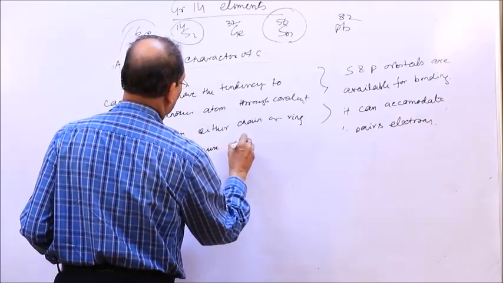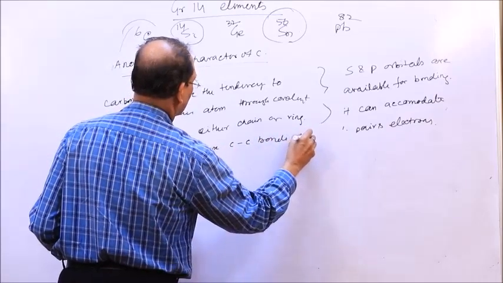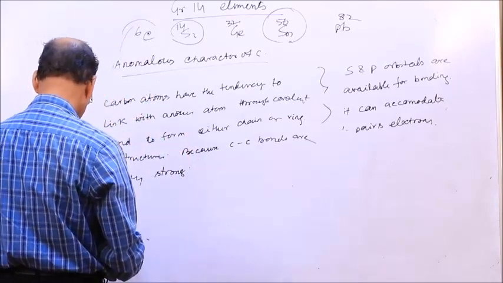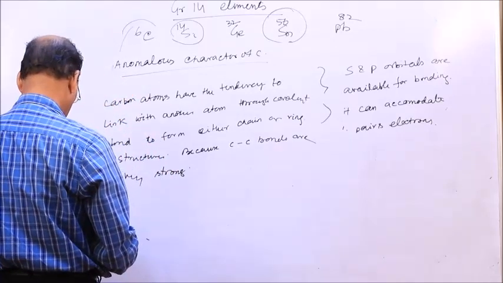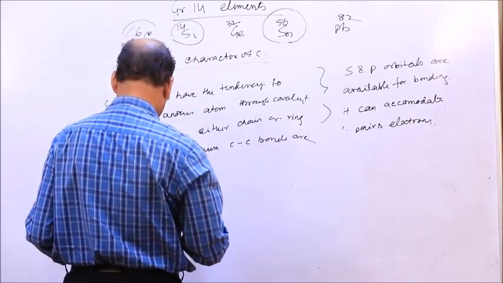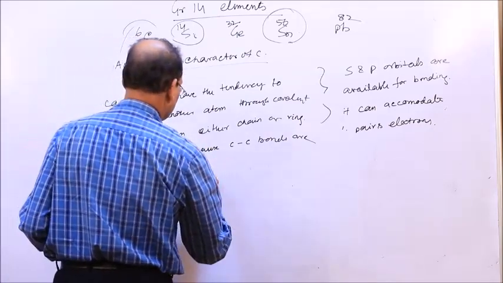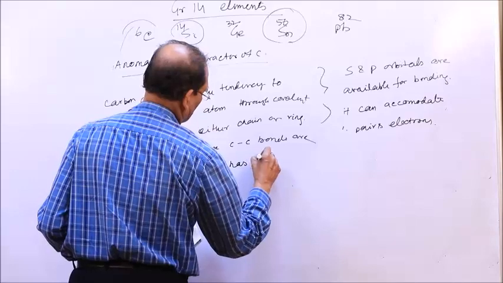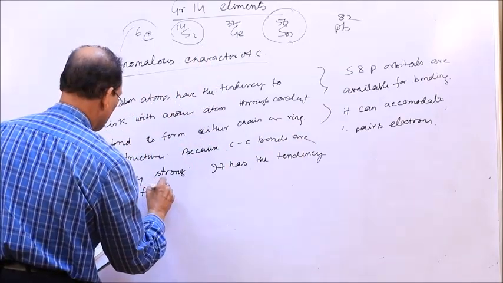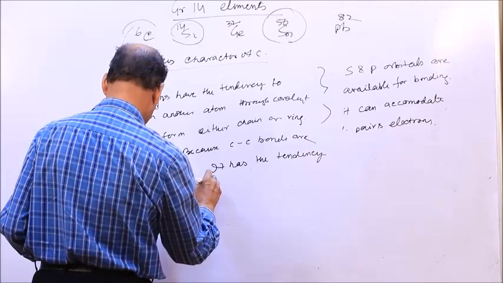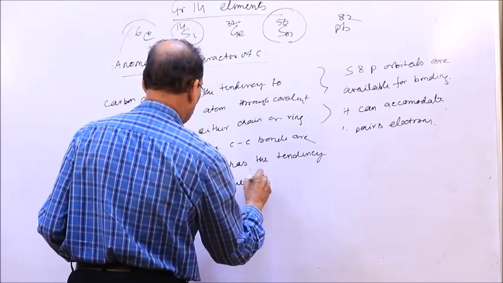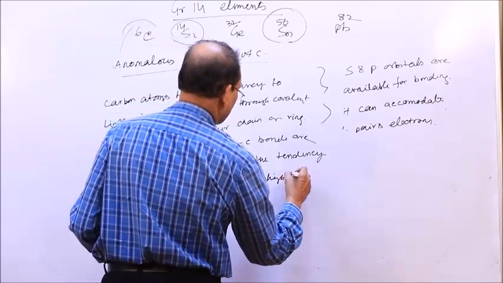It also has the tendency to form catenation, due to high electronegativity.